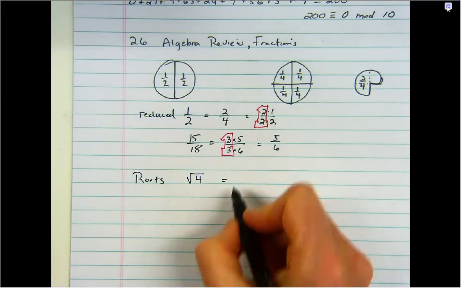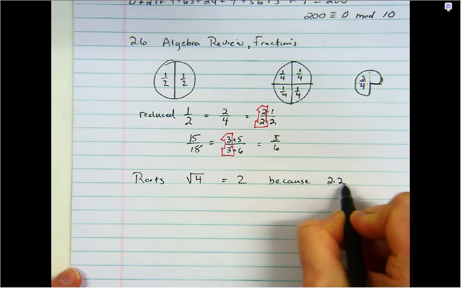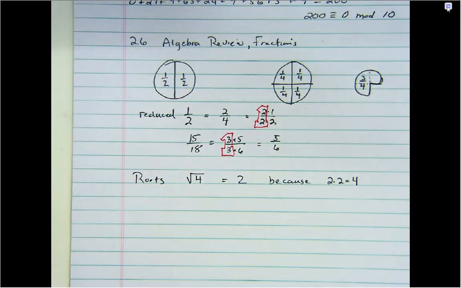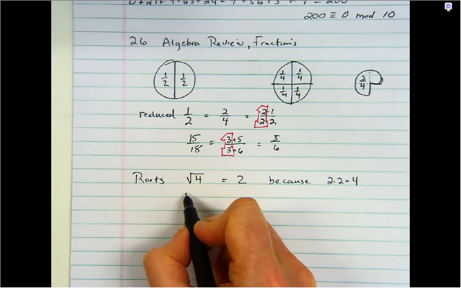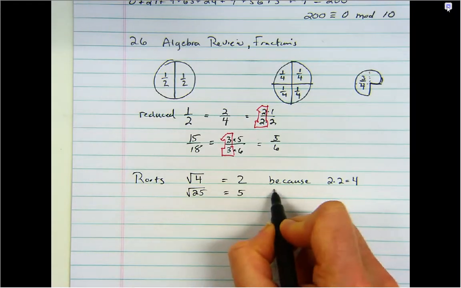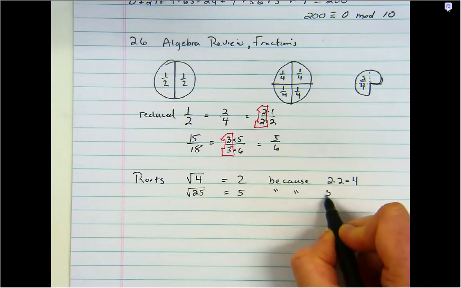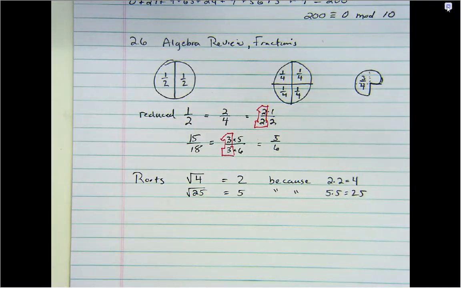And that's because 2 times 2 is 4. Or the square root of 25, what would that be? 5. Yeah, good, because 5 times 5 is 25. So when you talk about a square root, you're talking about the number that you can multiply times itself to get the value under the symbol.